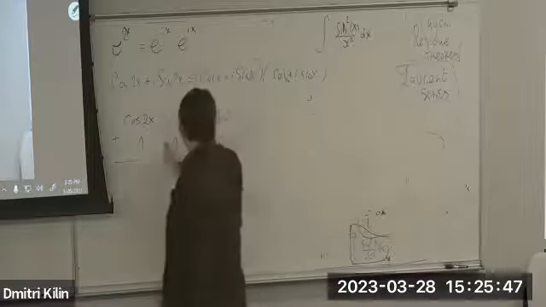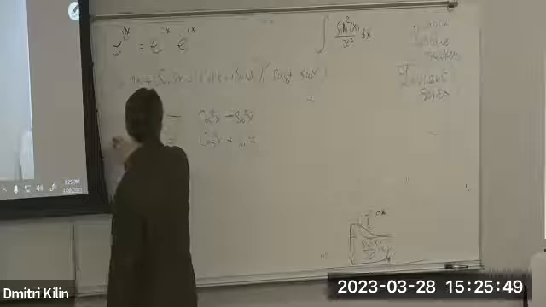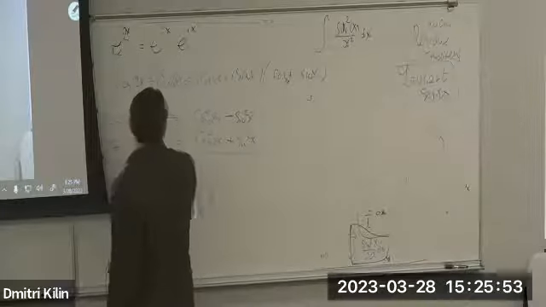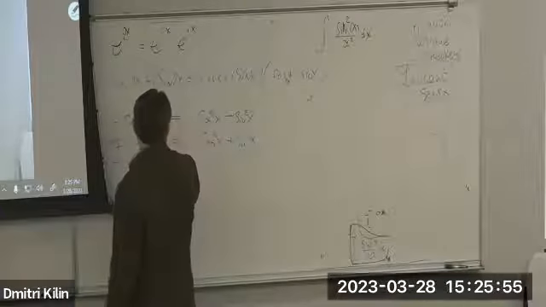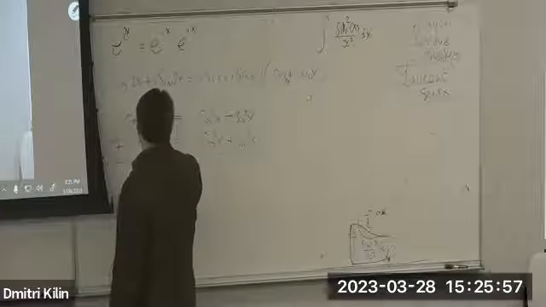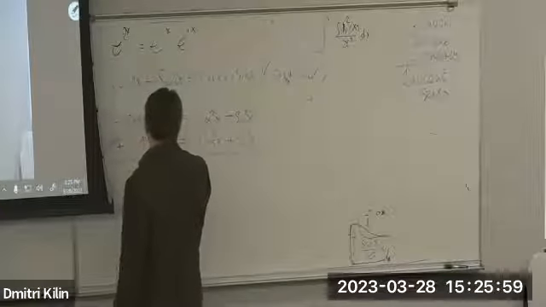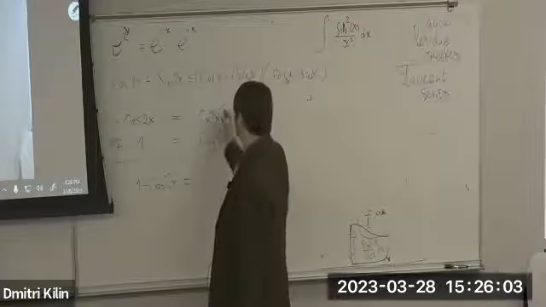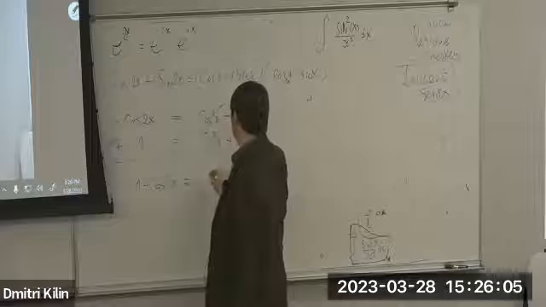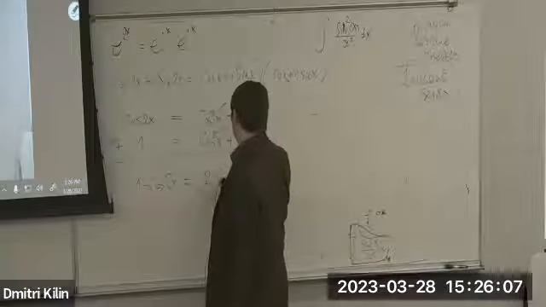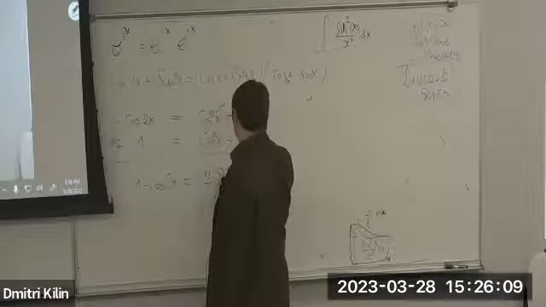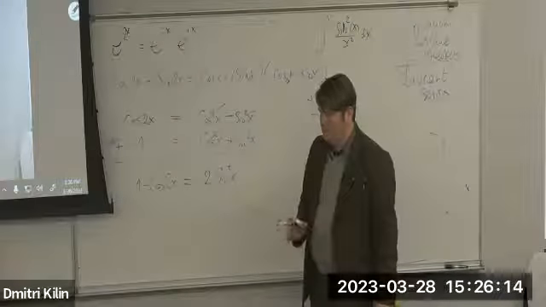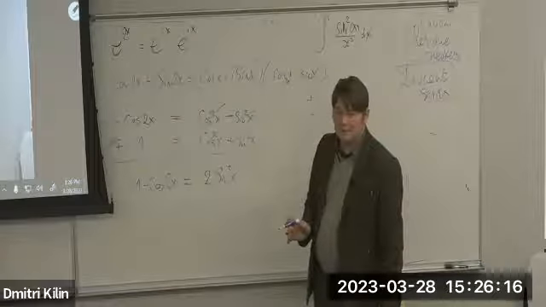If we have cosine here, we do need to subtract. Maybe minus cosine plus 1. So then we will get 1 minus cosine 2x equals, cosines will cancel, and then we'll have 2 sine square x. I didn't lie yet, right?